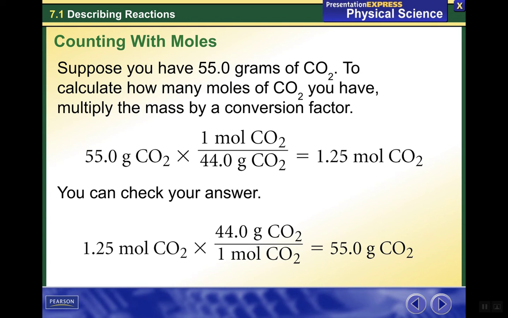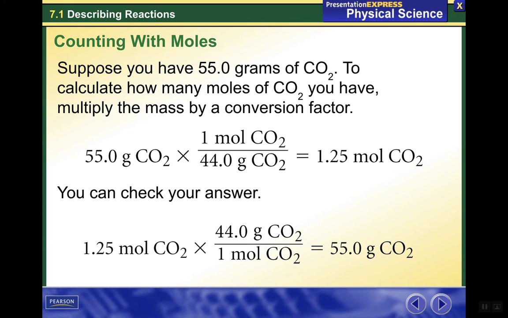So suppose I have 55 grams of carbon dioxide. I put it on a balance and I measure it, and I have 55 grams. To calculate how many moles I have, I just take 55 times the conversion factor. Now, the way I pick the conversion factor is I want the unit on the bottom to match that known quantity that I have.